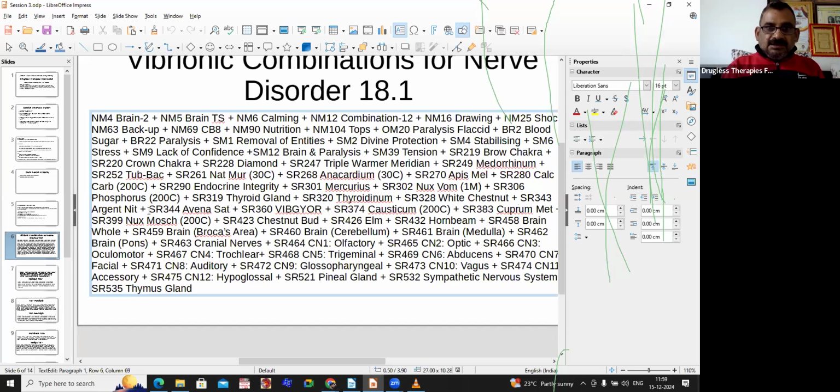Okay. Then see, endocrine over, then Nux vomica, phosphorus, and Avena sativa. We saw it is already available for calming, still we are using the Avena sativa to strengthen that thought of relaxation. It is used basically for that.